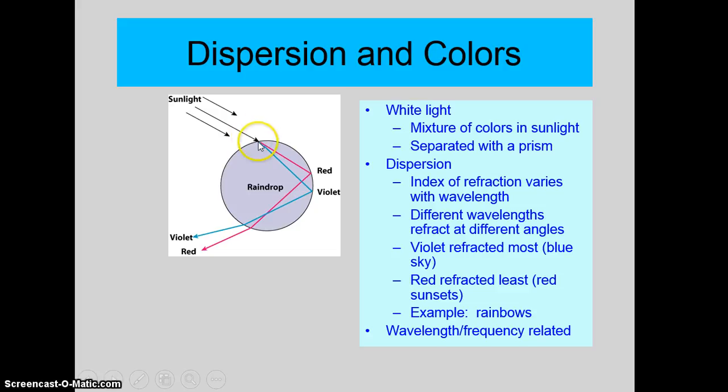The red light gets bent the least, and the blue light gets bent the most, because the blue light has a smaller wavelength, and so it gets bent the most. In between are all the colors of the rainbow that we would normally see, and that gets passed on to the viewer somewhere over here.